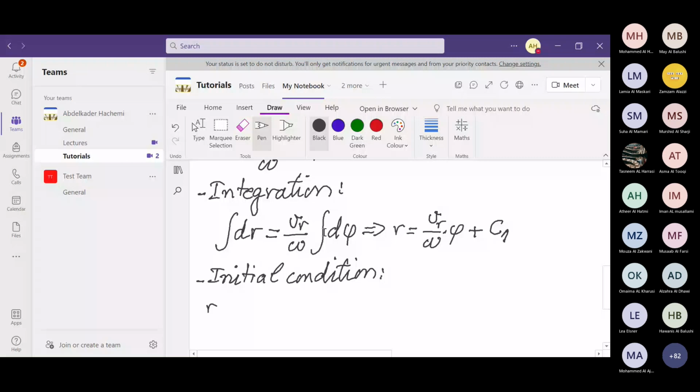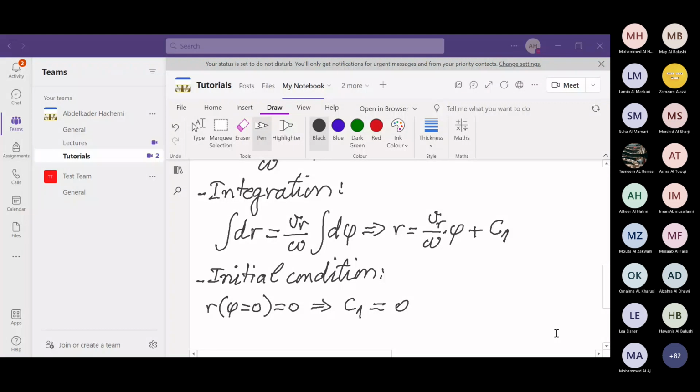Then if we use this equation here with phi equal to 0, we have R equal to 0. Then we get C1 equal to 0.